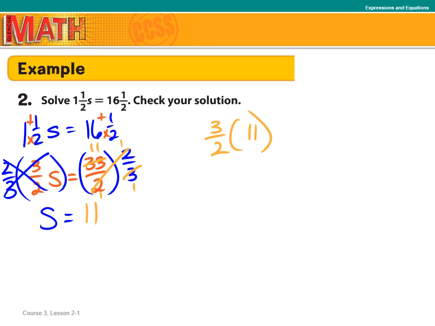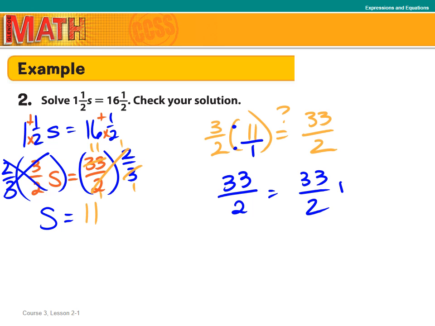Makes it easier. So 3/2 times 11, does that equal 33/2? Change this into a fraction so I can multiply. 3 times 11 is going to be 33. 2 times 1, again, I'm multiplying the numerator. Multiply the denominators now. 2 times 1, 2. Does that equal 33/2? Yes, it does. So my answer is s is equal to 11.